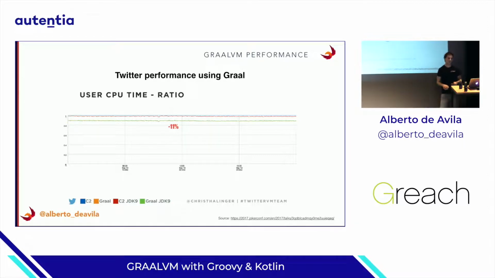So with this, they have saved more than $5 million in computers only using Graal. So 10% can look like only a little, but it can represent a lot of money in big companies. But you have to be careful, because Twitter has a team dedicated only to working with GraalVM and to make it work well with all their code. So be careful.